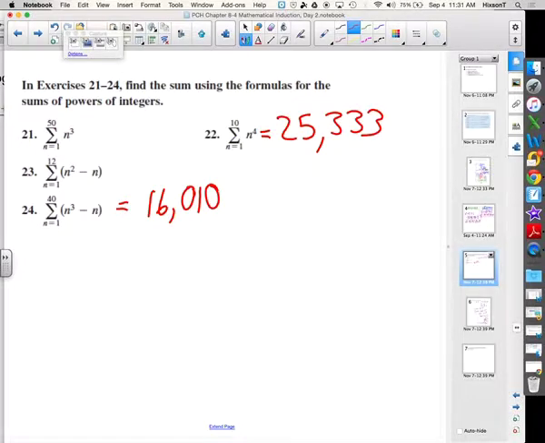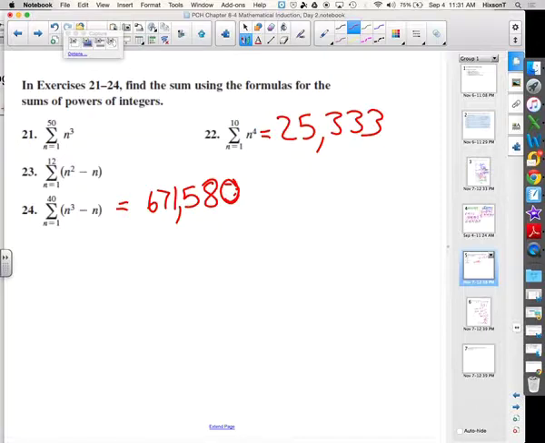No? What did we get? I got 671,580. So 671,580 is what you should get there. Did others get the same thing? Okay. Always like to double check.